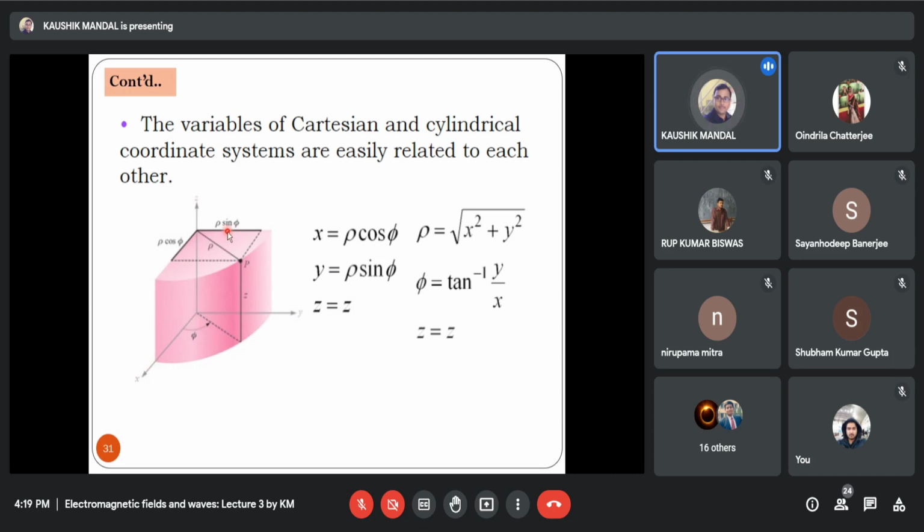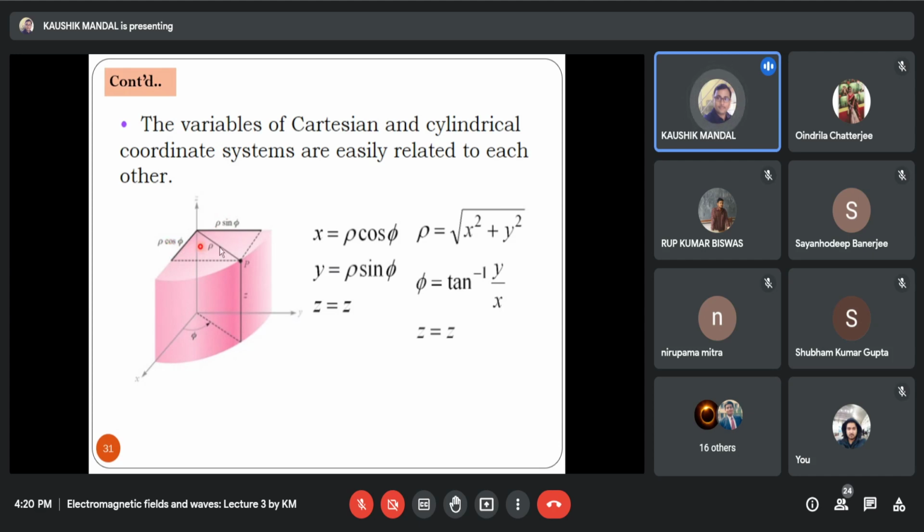These x, y, and z are three mutually orthogonal axes of the Cartesian coordinate system. Now, if this particular angle is phi, and this is the radius of the cylinder, then these two components we can write down. This angle is phi, so this angle is also phi. So it becomes rho sin phi, rho cos phi.